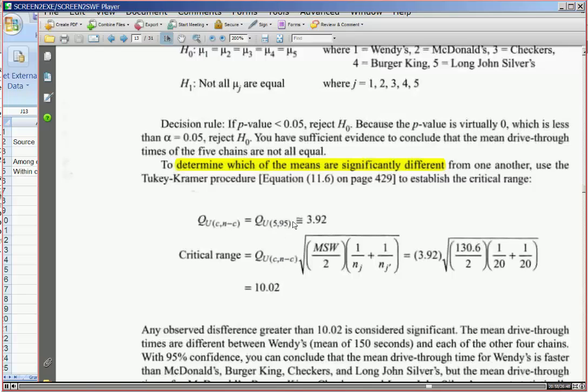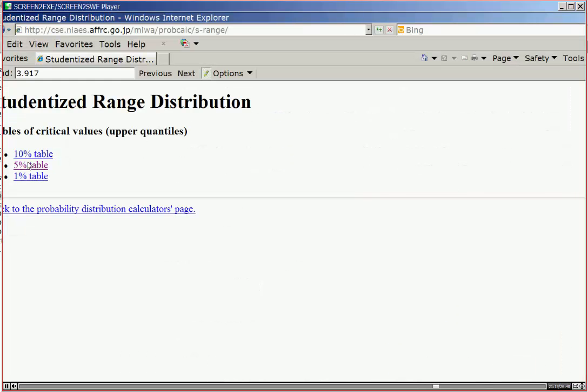And 100 minus 5 will give us the 95. This can be looked up on the internet. We already looked this one up in the table on page 810. Now let's do something different and go to the internet and get it from there. And let's not forget we have a 5% significance level here.